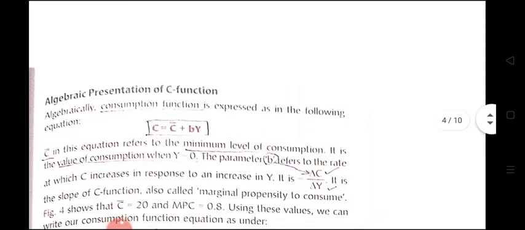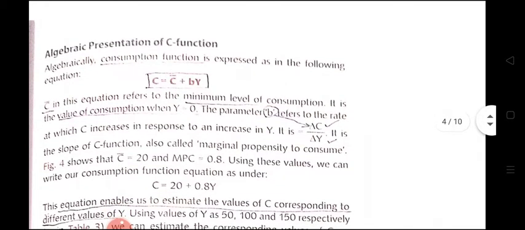One more thing, students, I would like you to remember, though I'll be explaining it tomorrow. Remember that marginal propensity to consume plus marginal propensity to save is equal to 1. That is, MPC plus MPS will be equal to 1. That I'll be explaining to you tomorrow.